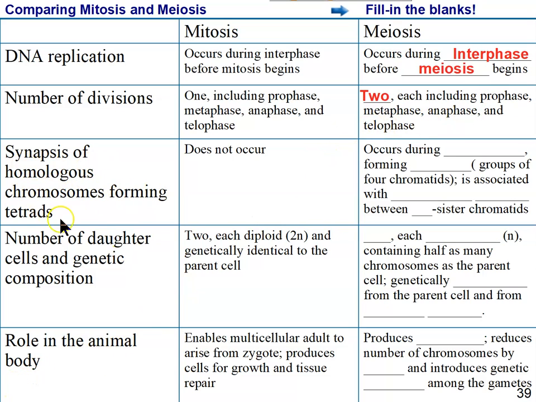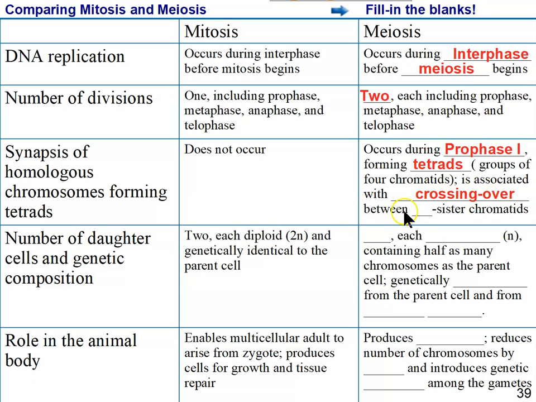Synapsis of homologous chromosomes forming tetrads. Well, we didn't talk about that at all back when we were looking at mitosis, so it does not occur. But it does occur during prophase 1 of meiosis, forming tetrads, groups of 4 chromatids, and it's associated with crossing over. That's what introduces more genetic uniqueness to those cells.